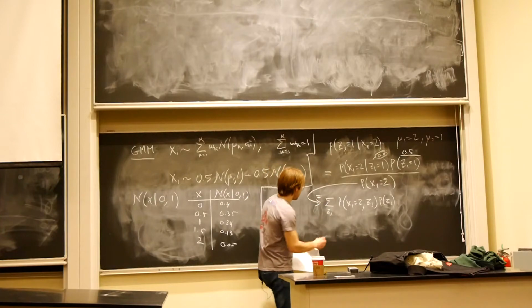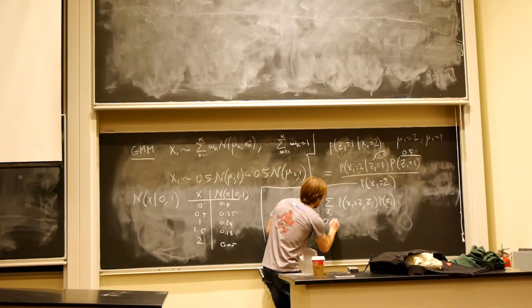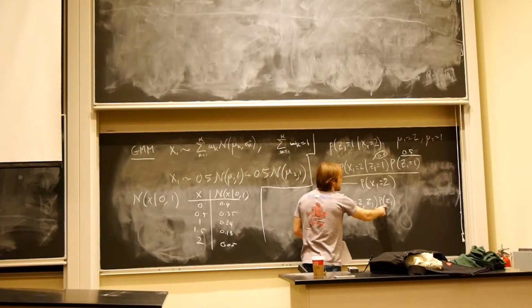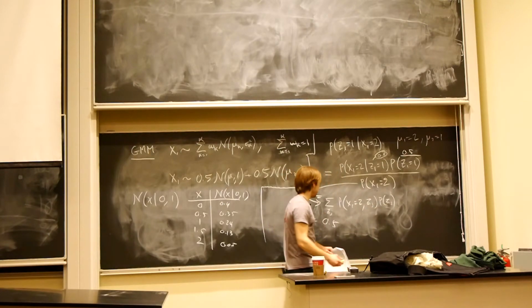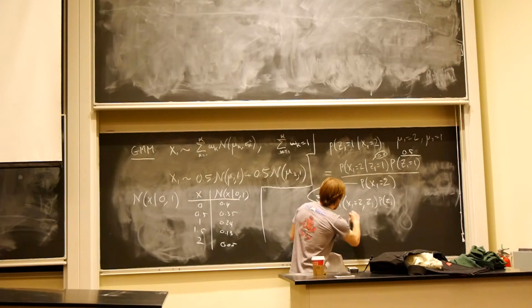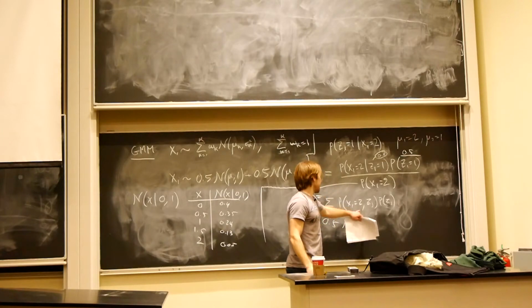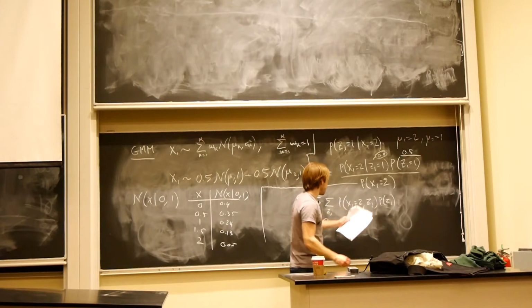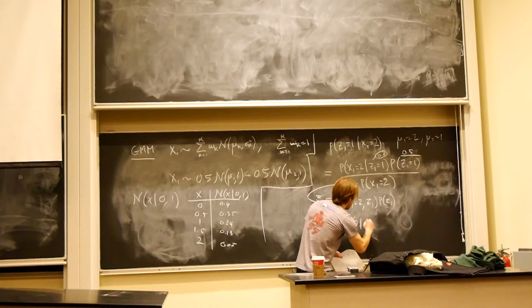Then we can write this out as 0.5, since each of these prior probabilities on our classes is 0.5, times, for the first class, a normal distribution at 2 with parameters 2 comma 1, because this is the first component, so the mean is 2.